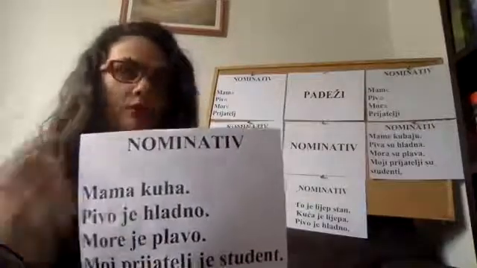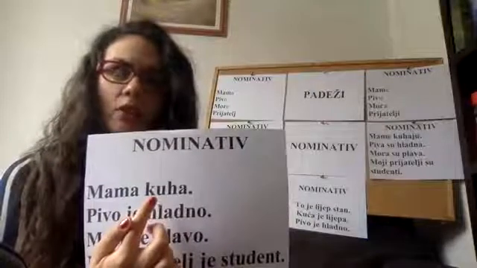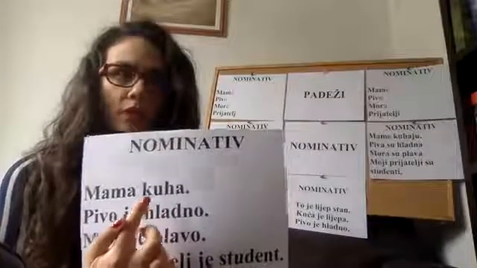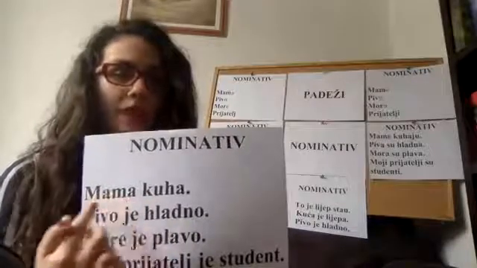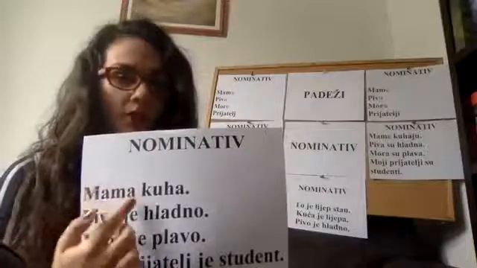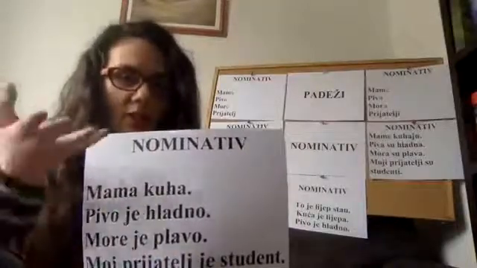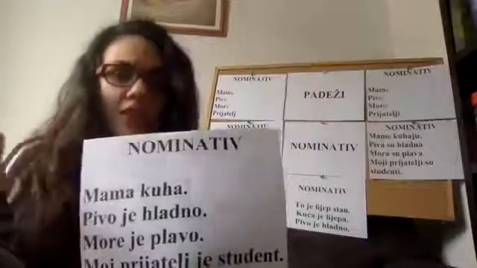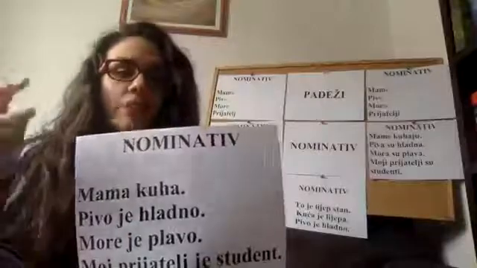So cook, to cook. That's the action in the sentence. Kuha. And you ask yourself who is doing the action or what is doing the action. Who is cooking? Mama. So because mama is the one doing the action in the sentence, she is in nominative case. She stays actually in the ground form, doesn't change. So she is in nominative case.